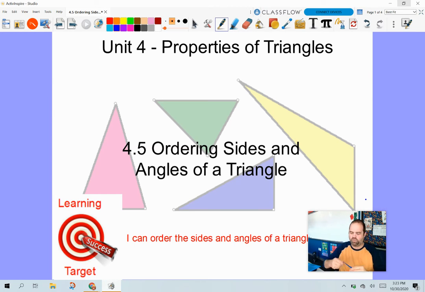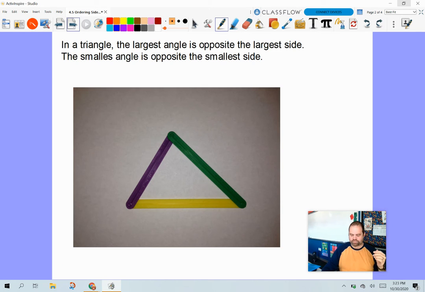So if I wanted to increase this angle measure, what's going to happen between these two sides? If I make this angle bigger, that side is going to get bigger to compensate for it. So the bigger the angle gets, the bigger the side gets that's across from it. Now that's the important part.